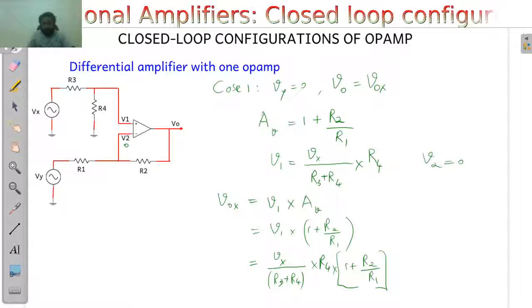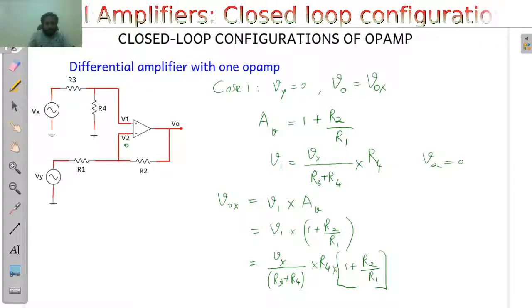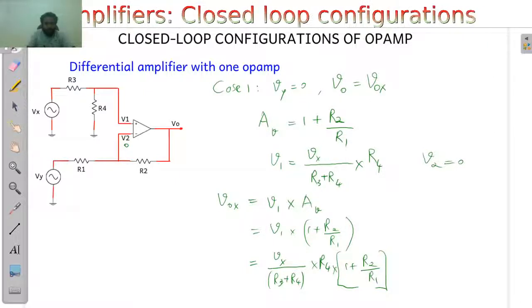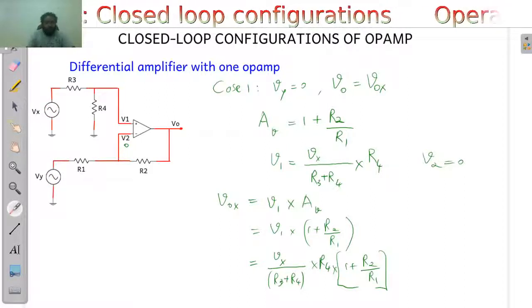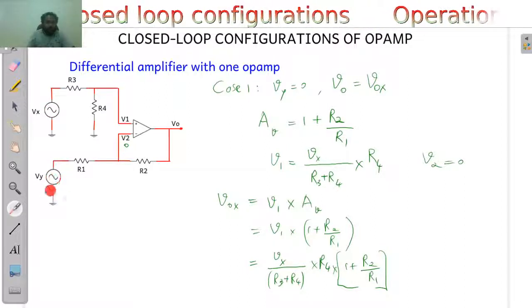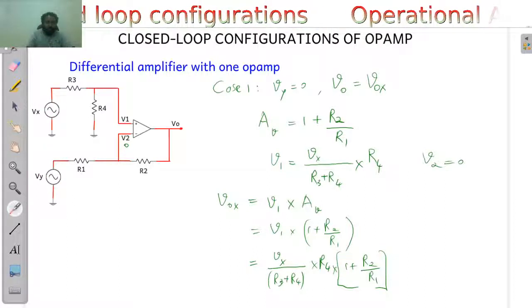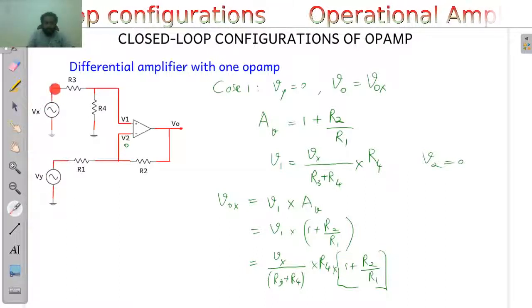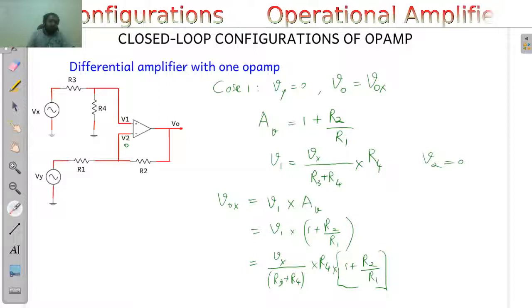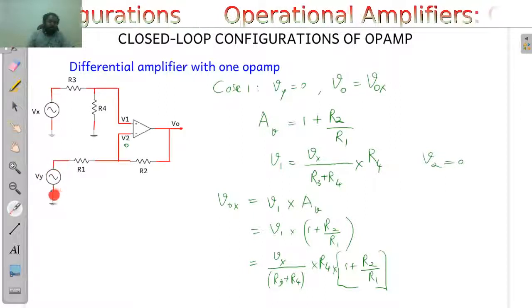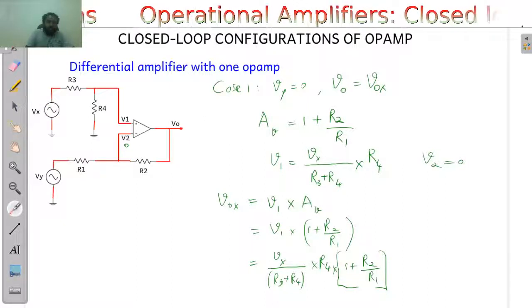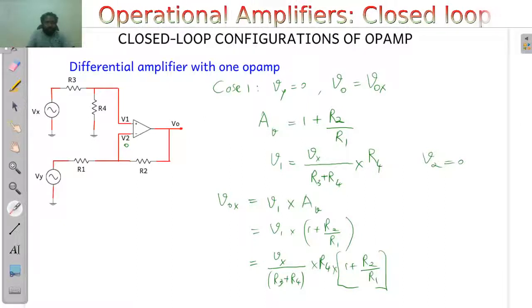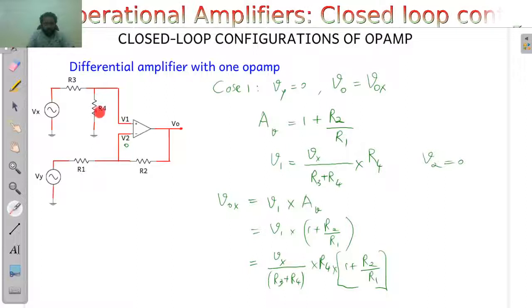Something else that I have to mention here is the input impedance seen by the sources Vx and Vy. So if you want to see that, you need to ground one source and see what is the input impedance for the other input. So if I remove the source and ground it, then I can see here that the Vx is experiencing an input impedance that is equal to R3 plus R4.